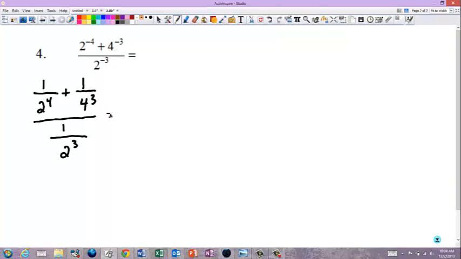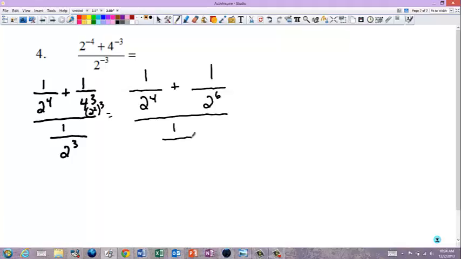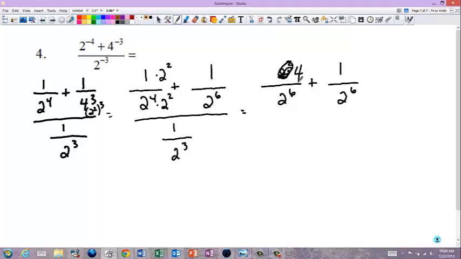That's 1 over 2 to the 4th plus, I'm going to make them the same. 4 to the 3rd is really 2 squared to the 3rd or 2 to the 6th. So my common denominator would be 2 to the 6th. And I would multiply this one by 2 squared. And this one would stay the same. And that's really just 4.